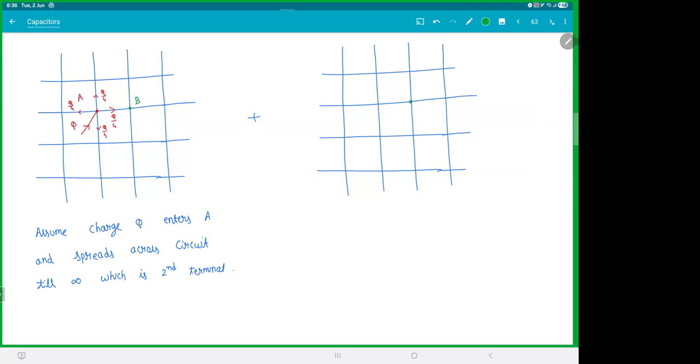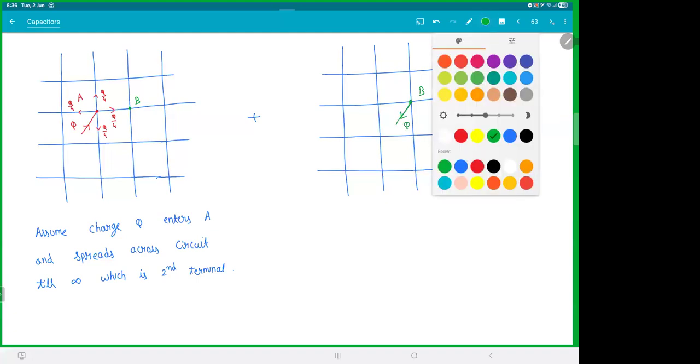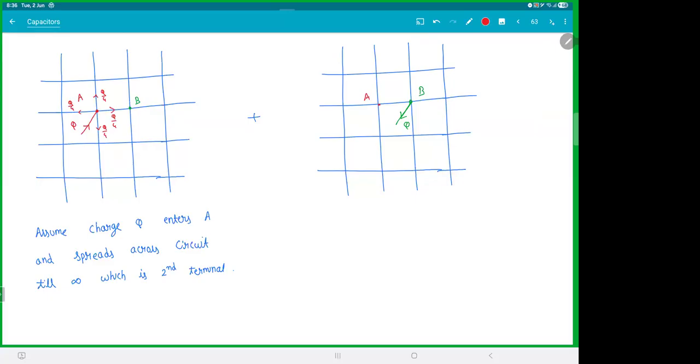Second thing. Now, from B, let's say you're pulling out charge Q. This time only you're taking B. So the charge is given from infinity. The charge will come from infinity to point B, and comes out of B. So here you're keeping the battery between infinity and B. So assume charge Q starts from infinity and comes out of B. So infinity is the positive terminal and B is the negative terminal.